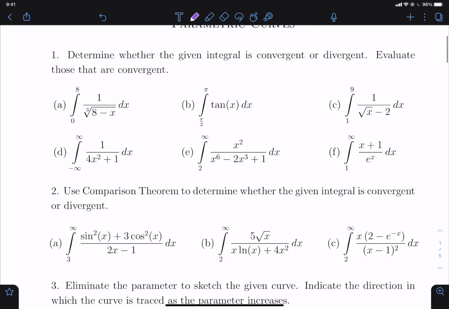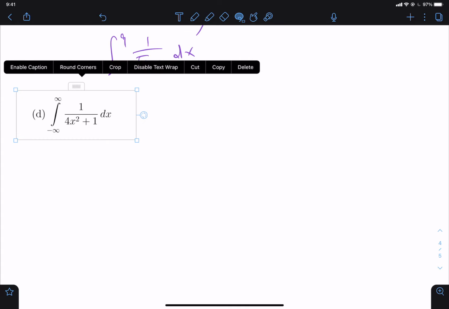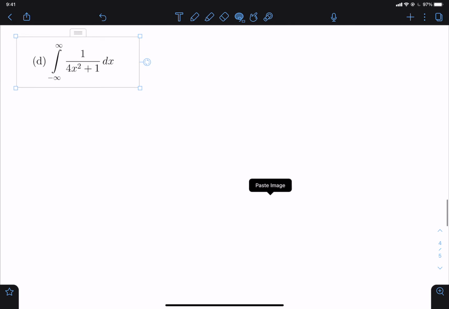And now, maybe go to question D here. In question D, we have the integral from negative infinity to positive infinity of this function.